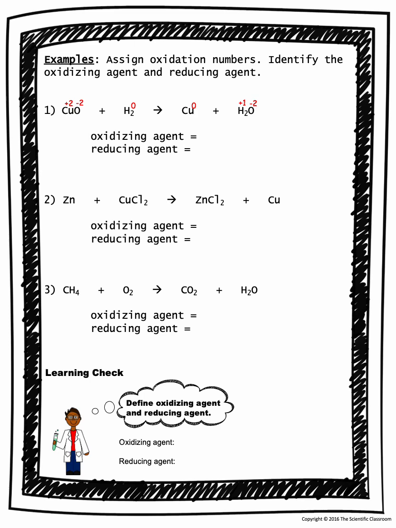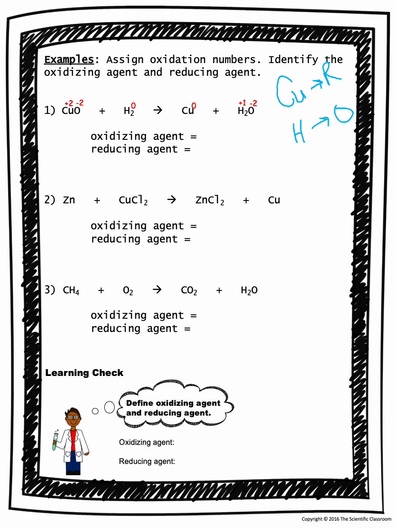It got more negative, so that means copper was reduced. Oxygen went from -2 to -2, so it didn't change, so we can leave it alone. Hydrogen went from 0 to +1. It got more positive, so that means it was oxidized.